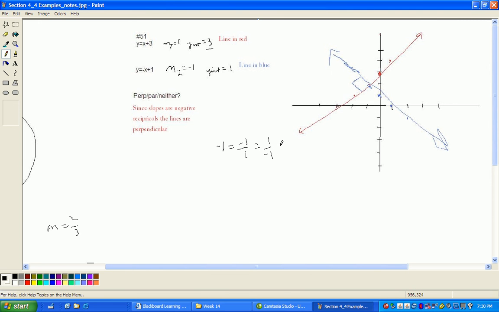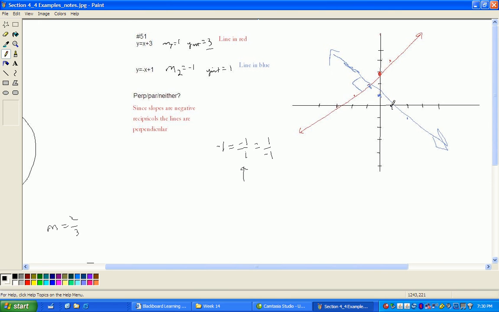So if we're right here and we say rise is negative, that's fine. That means we use this form. Rise is negative 1, which means we go down 1, and then run is positive 1, so we go over 1. So that point right there pertains to this form.